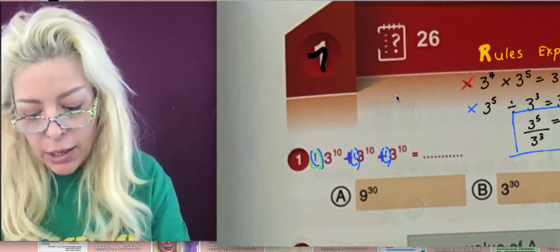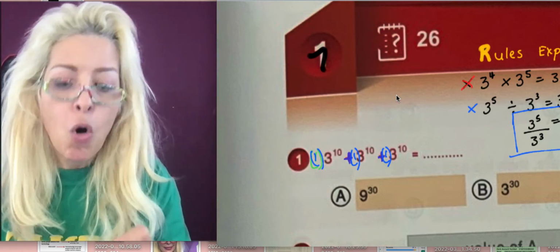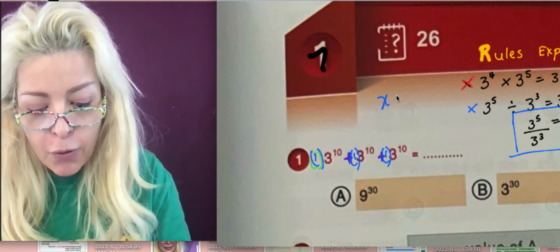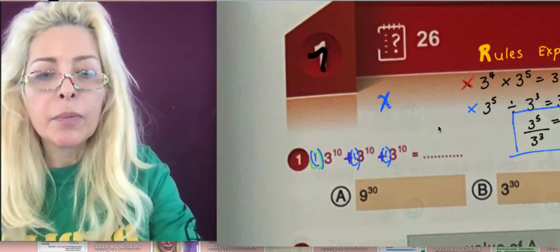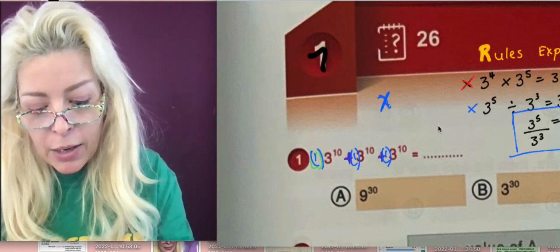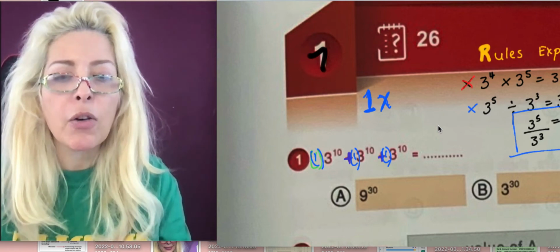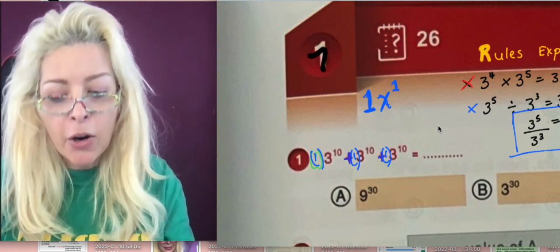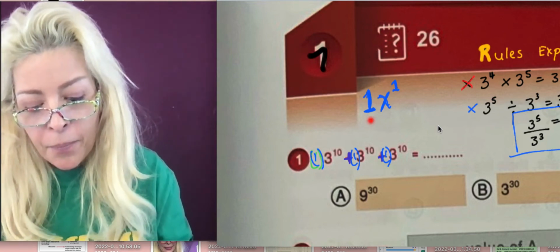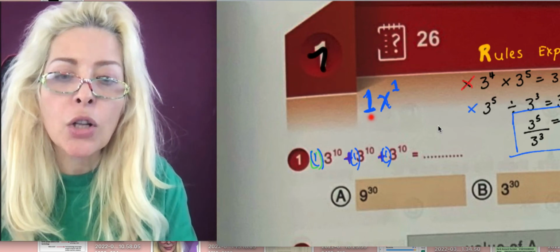I found it because in front of every single number, or every single variable, even if you have an x, let's say we have an x here, we have an invisible 1 here, and we also have an invisible 1 here. This is called a coefficient, and this is called a constant.